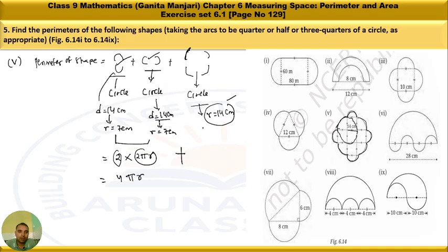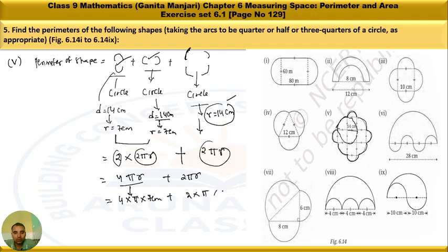Plus, this is another complete circle. So I will find the perimeter of this particular circle, that is 2 pi r. Now for this first case, 4 pi r is 7 centimeter, plus 2 multiplied with pi multiplied with r.